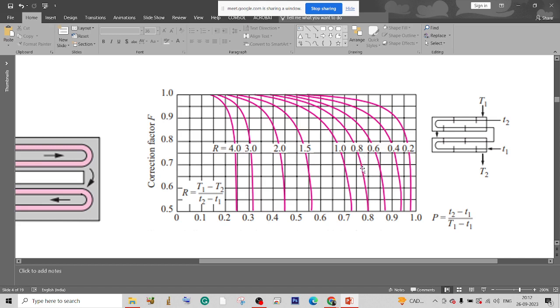0.67 means here approximately. This is 0.65, and approximately this will be 0.67. So this will be approximately here. That means, let me draw a line here.